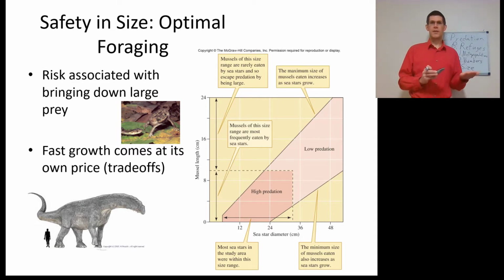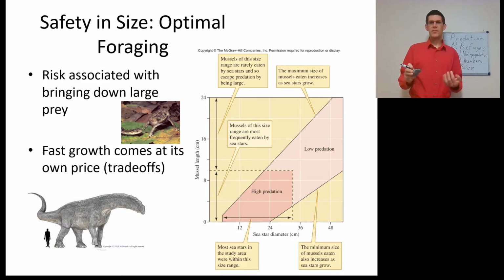I also want to show this picture of mussels here. So the mussels of small size are not eaten because they're not worth it. But small mussels of some sort of minimal size become this optimal foraging because the sea stars can feed on them. It doesn't take too much energy to eat them, and you get high predation rate.